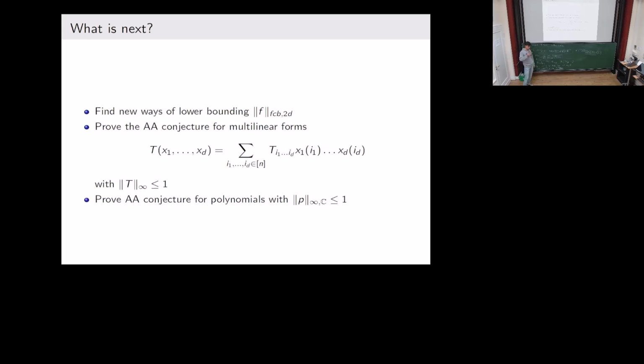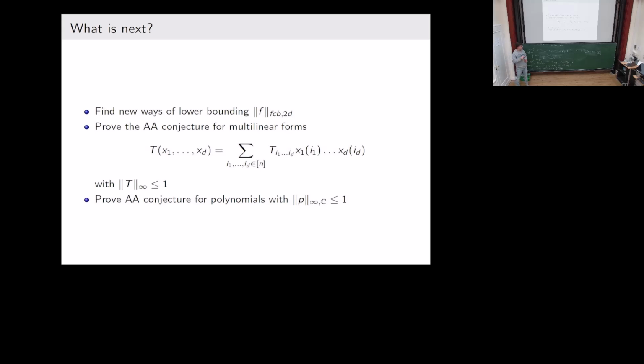But we can also do something in between: instead of looking at the Fourier completely bounded norm, we could look at the infinity norm, but now when evaluating on complex scalars, and see what happens. And if we prove this conjecture where we change the infinity norm by the infinity norm in the complex space, then we would also. What does it mean with this norm? Is it like on the disk or polydisk or what? Yes. It's polydisk.